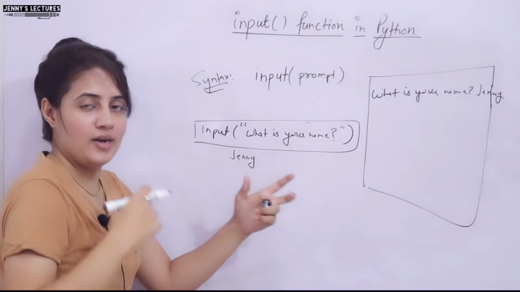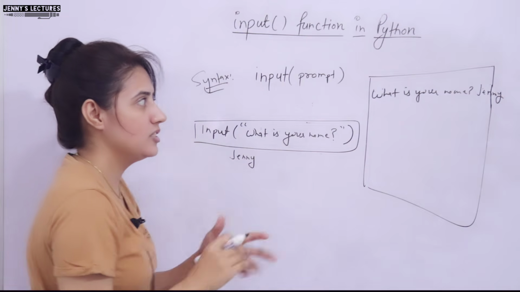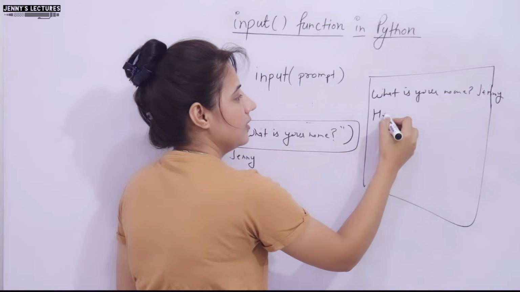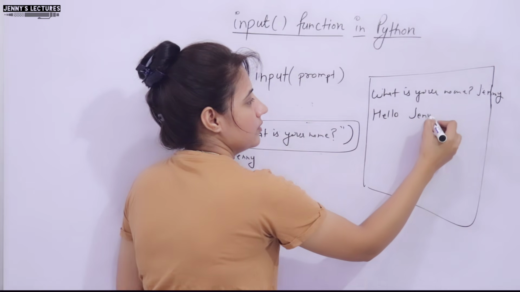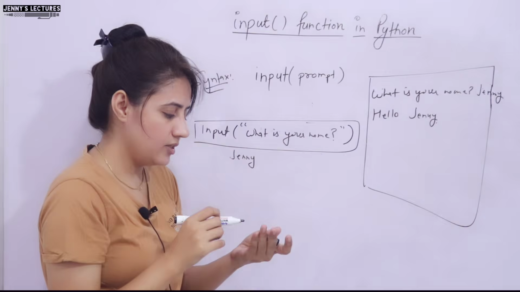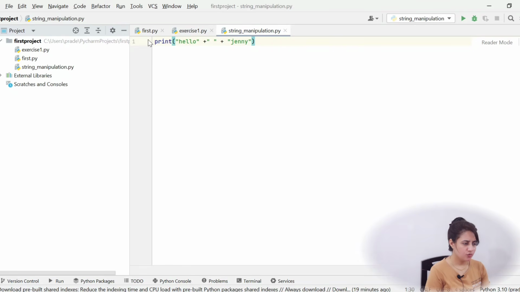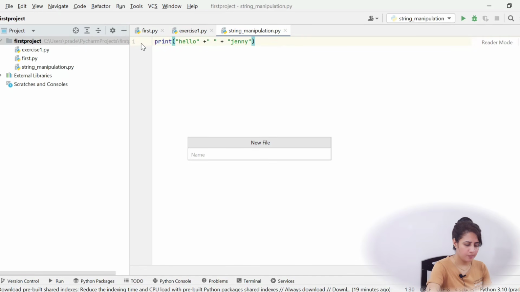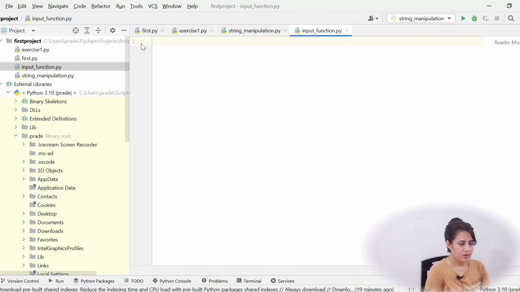Okay, so let's run a program. We'll simply ask the user, what is your name, Jenny, and after that it will print hello Jenny. This kind of program we will make. So let's create a new file. Right click on this project, then new file, and input_function.py.